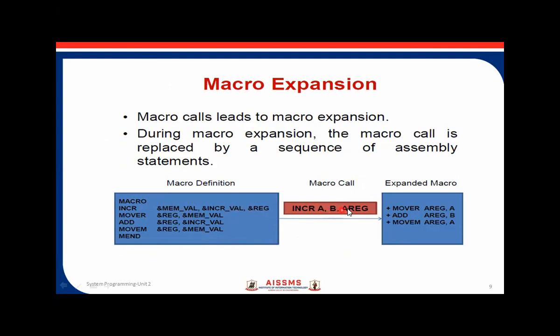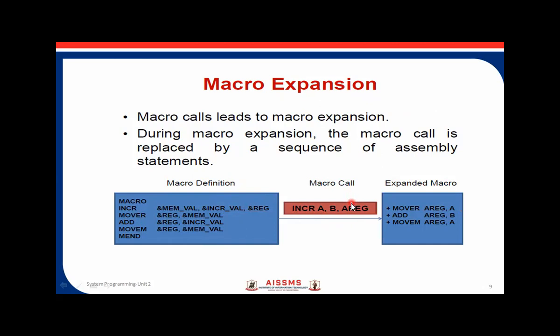These are the actual arguments which are passed, and these are the dummy arguments with which the macro is defined. What happens in macro expansion is that this particular macro call is replaced with the body of the macro. Means all these three steps of move, add, and move are replaced wherever we make a macro call.